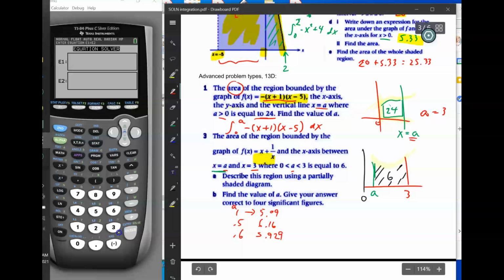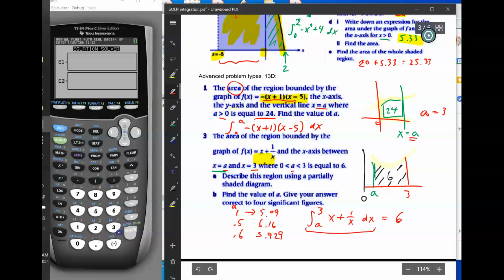I'm going to write out the expressions I'm going to put here. The left side is going to be the integral from a to 3 of x plus 1 over x dx. And then the right side is going to be 6, because the area we want is 6.